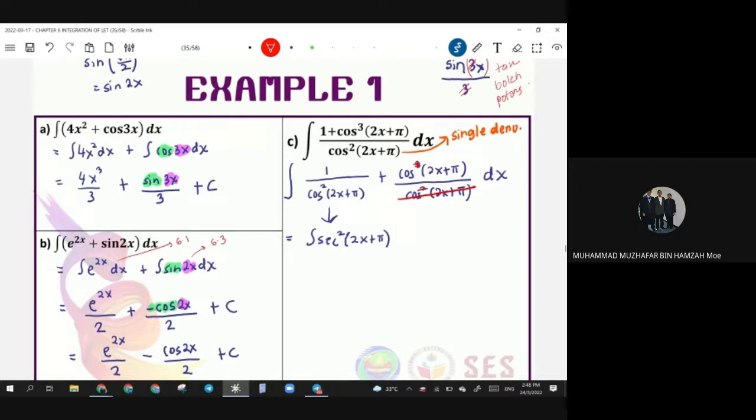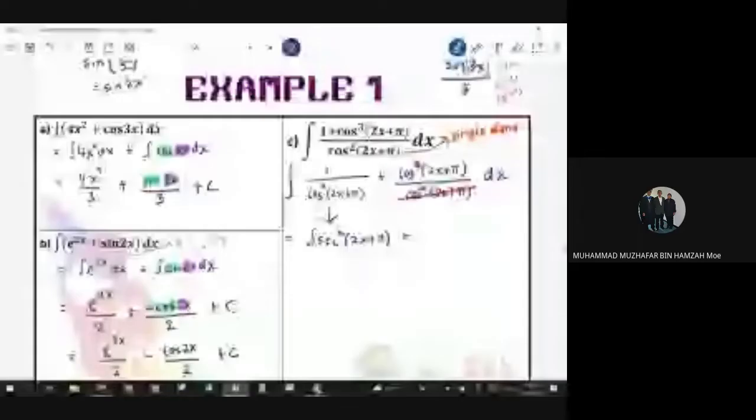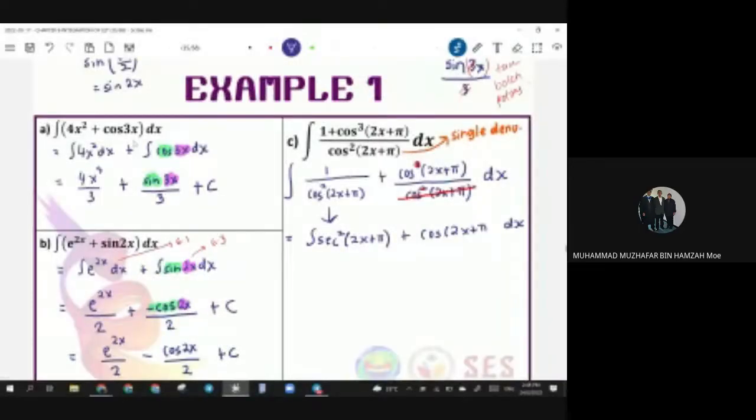Boleh? So maka sekarang kita dapatlah cos 2x tambah pi sahaja dx. Kita ni sengaja je dipanjangkan. Our angle here is 2x plus pi. Ini angle kita.